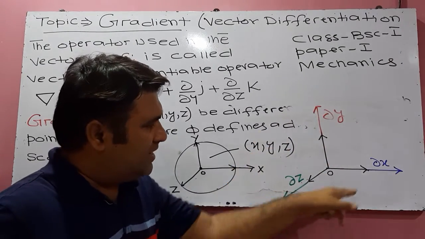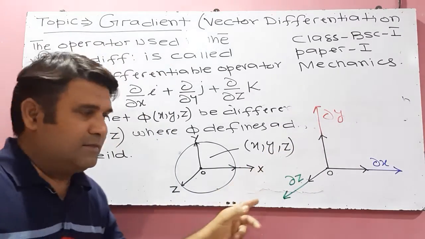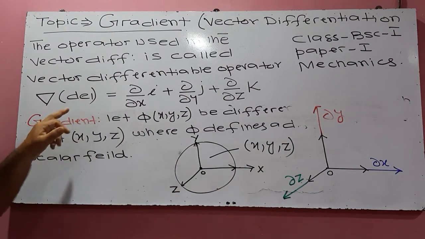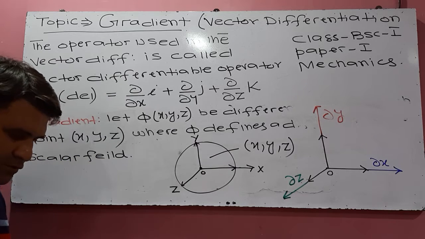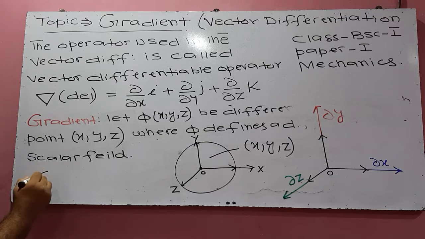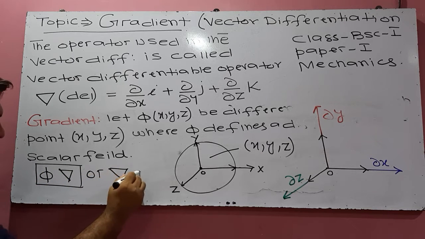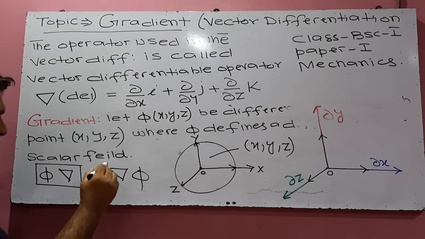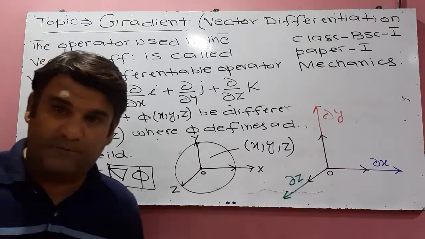So this field will be known as the gradient of phi x, y, z. So now the gradient of phi x, y, z can be written as del phi, or del into phi. So this is called a gradient.